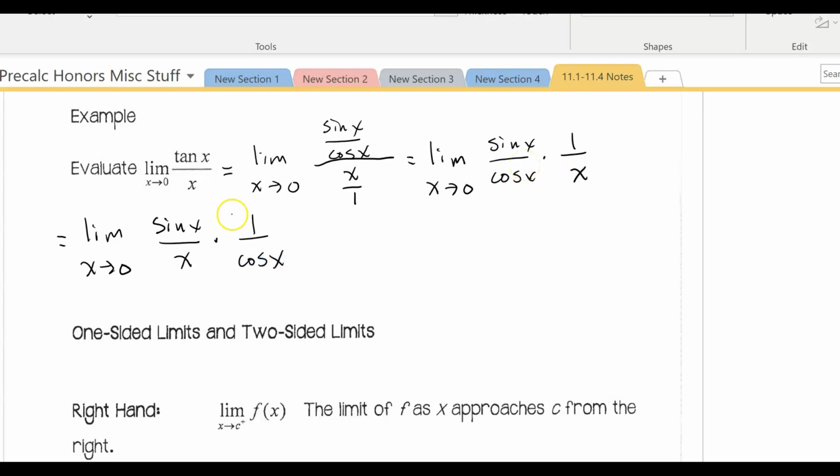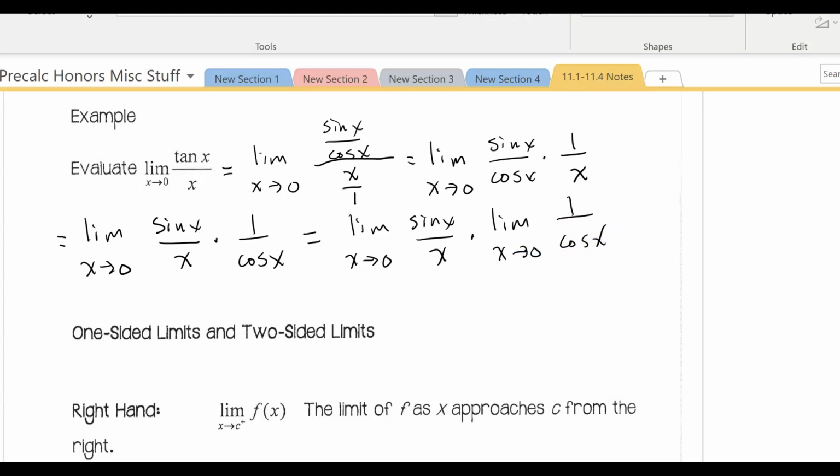And if you recall from a previous video, the limit as x approaches 0 of sine x over x, so we have the limit as x approaches 0 of sine x over x times the limit as x approaches 0 of 1 over cosine x.